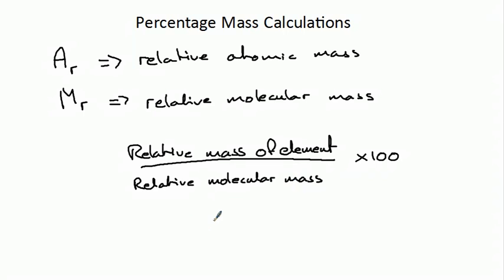What you'll see on further pages is the shorthand of this: AR divided by MR times 100.